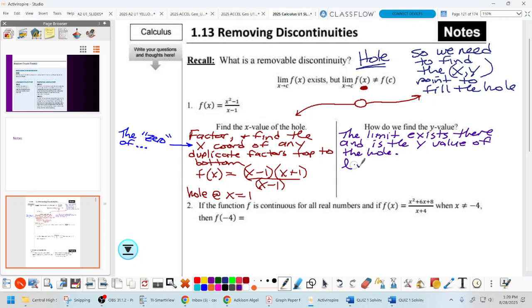So we're just going to take the limit as x approaches 1 of f, which is just to say plug 1 into the simplified function. But let's go ahead and show that.